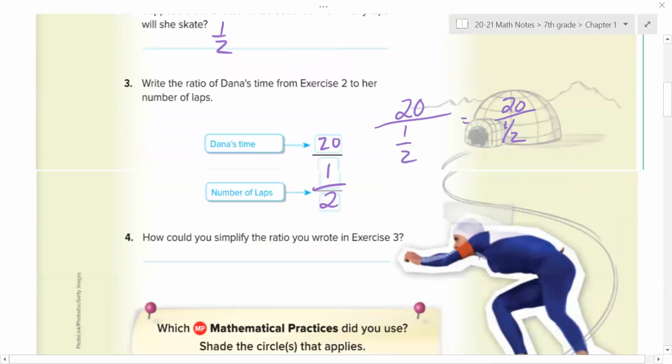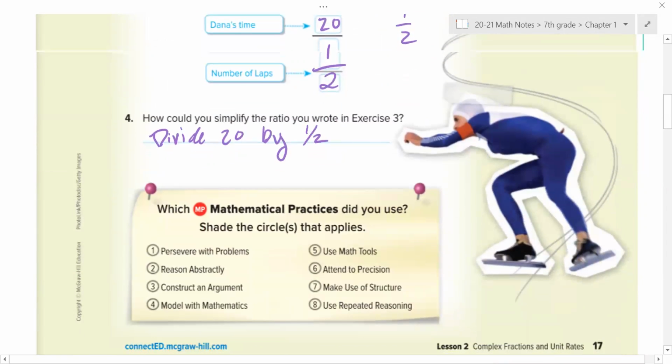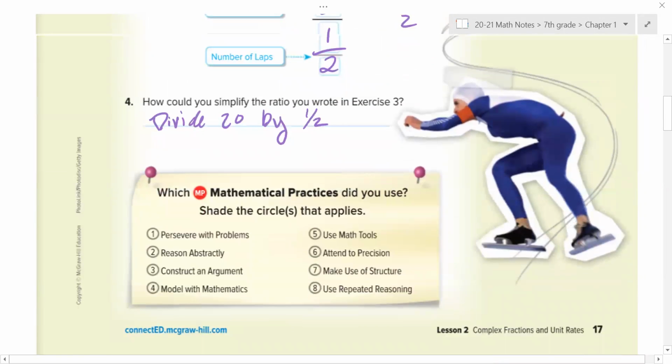So how could you simplify the ratio you wrote in exercise 3? We would divide 20 by 1/2.